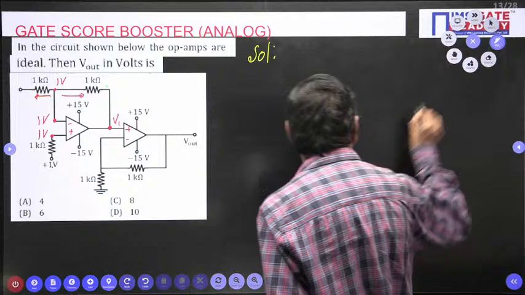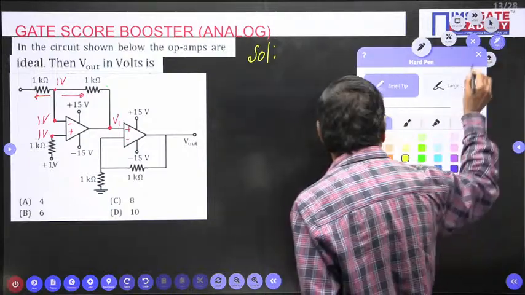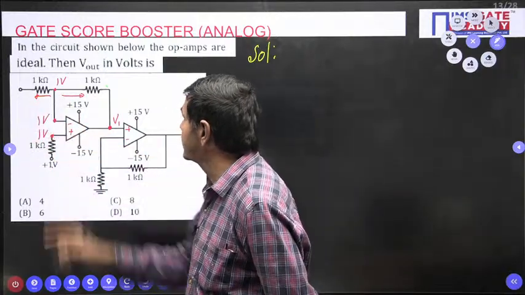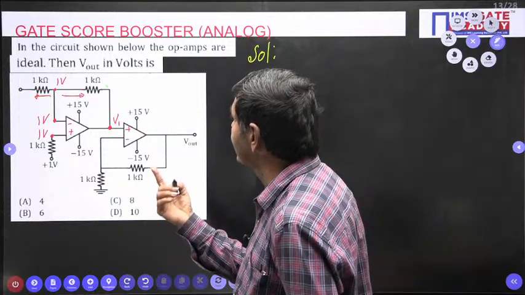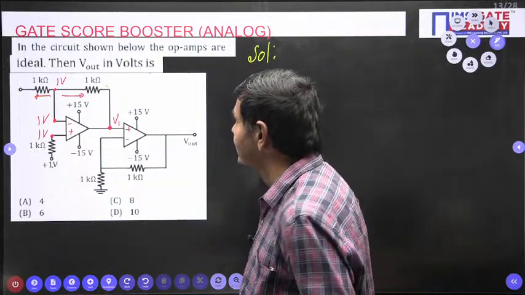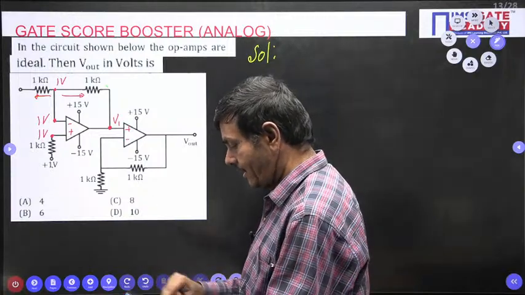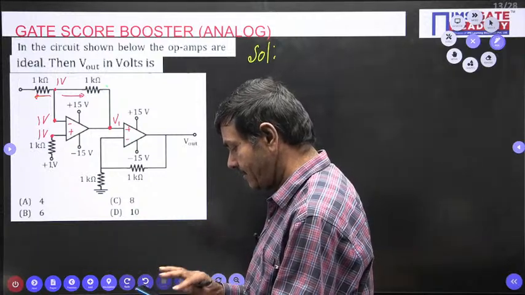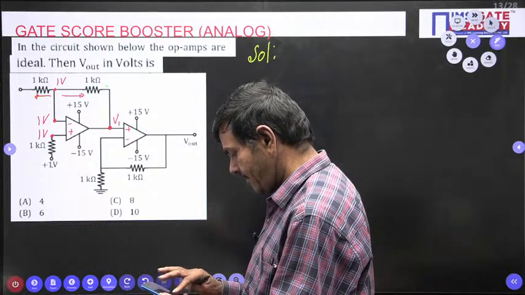Whenever I apply nodal, I will get 1 minus this voltage, but how much is not specified. That voltage must be given. I didn't take that value, I think. I will check once again.